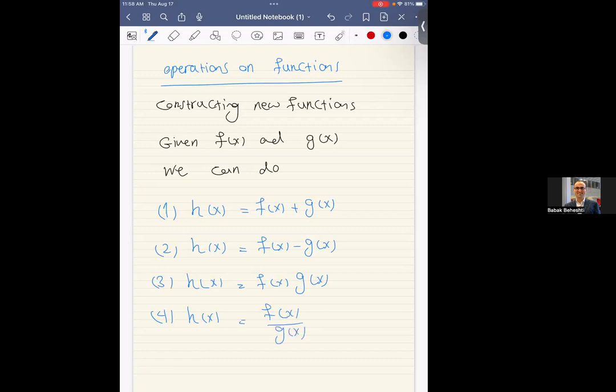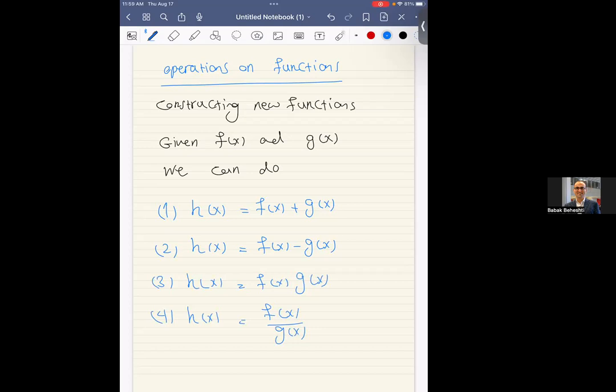So for each of these types of operations, we introduced four types: addition, subtraction, multiplication, and division. And for each of these types of construction, the value of h at any point, for example, for the first one, is equal to the value of f at that point plus the value of g at that point.